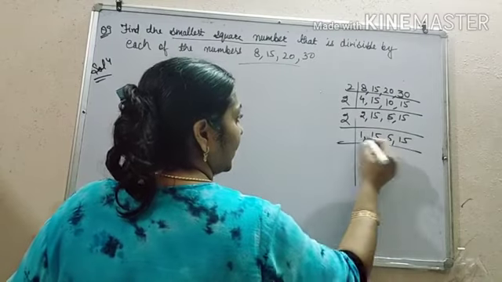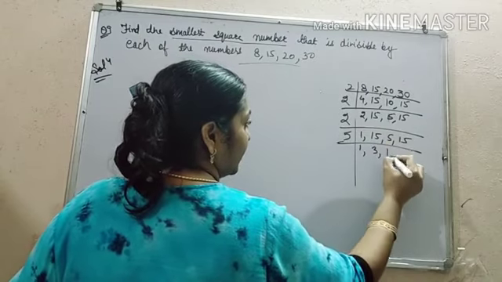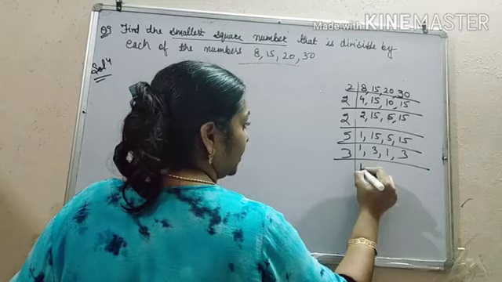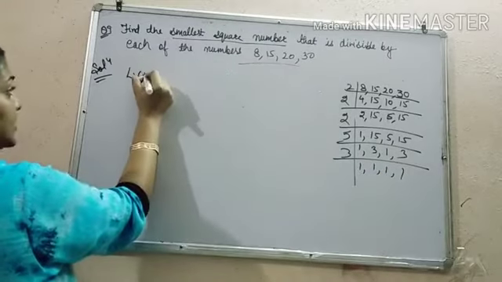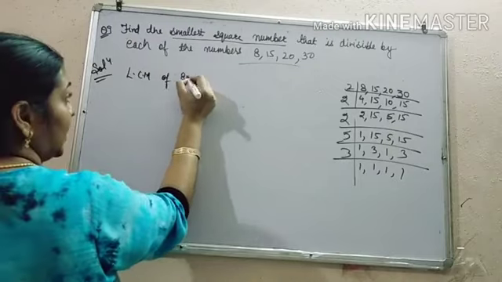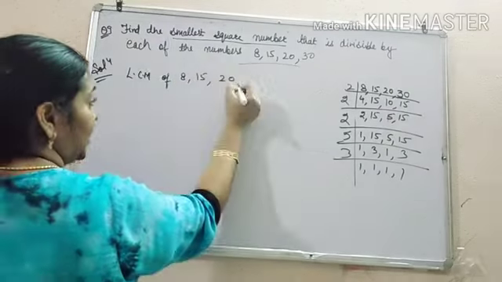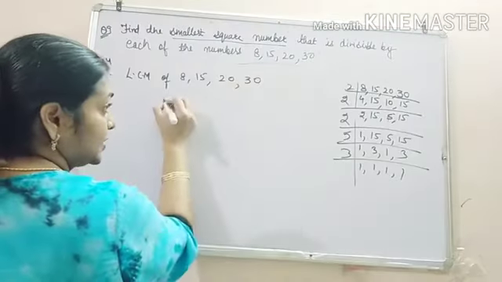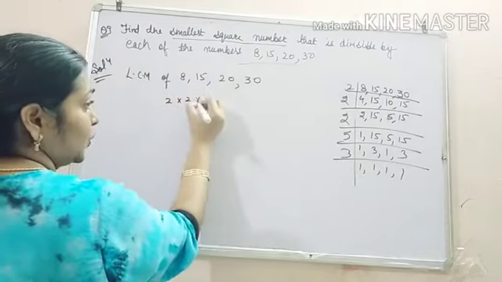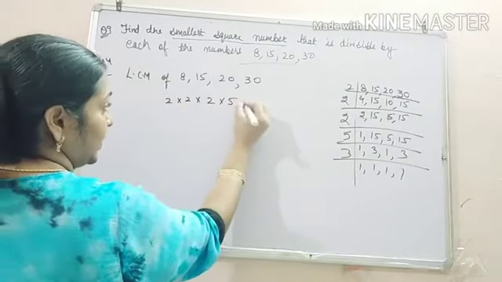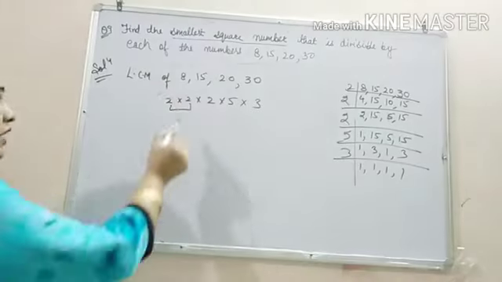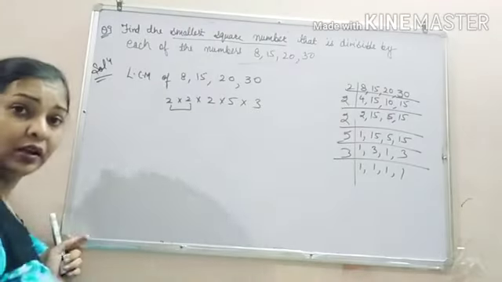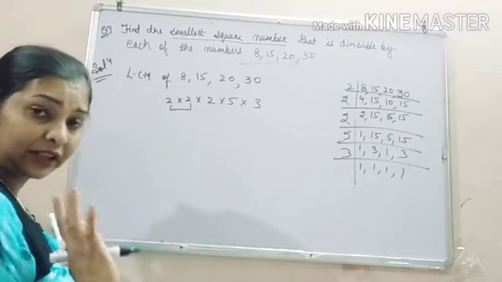Now you can divide it by 5. We get 3. Now again by 3. So we get LCM of 8, 15, 20 and 30 as 2 into 2 into 2 into 5 into 3. But you can easily see that we get only one pair of prime factors.